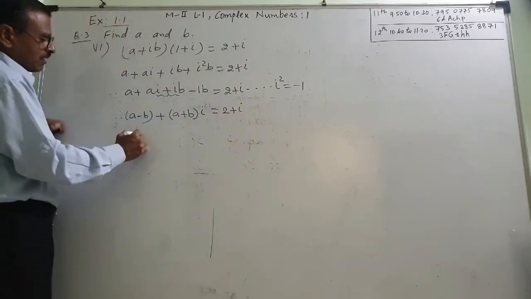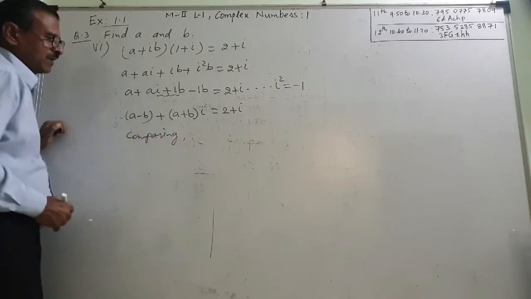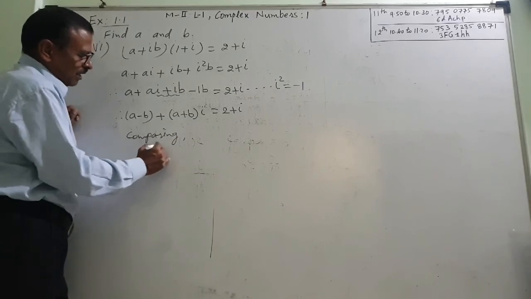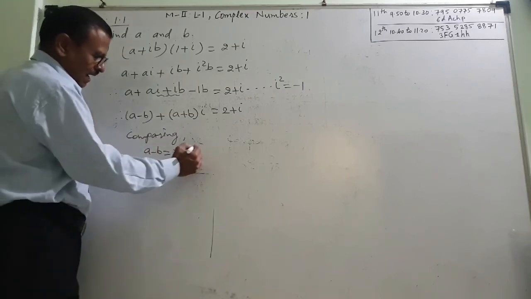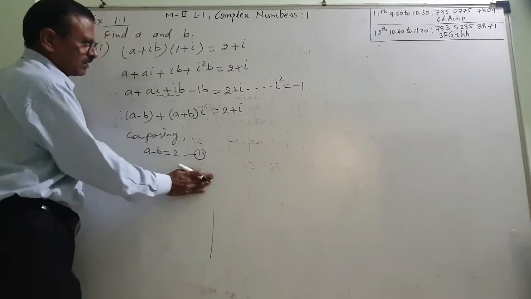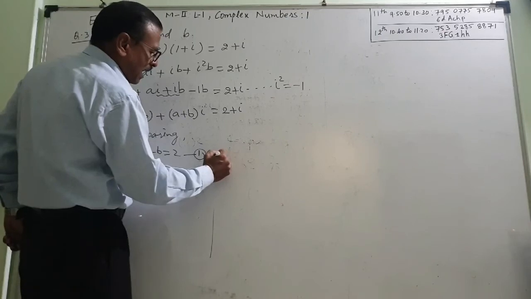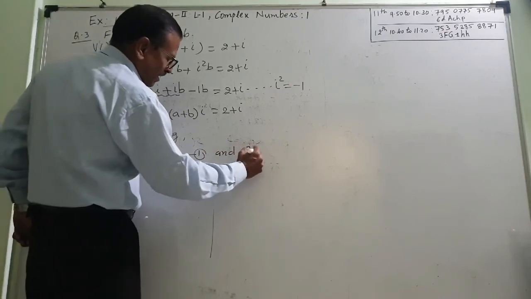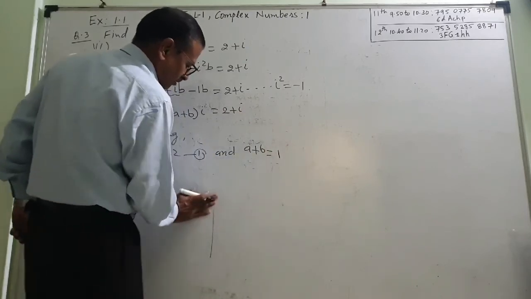Now comparing, a minus b is equal to 2, and this is number 1. Here the coefficient is 1i, and a plus b is equal to this 1i means 1.